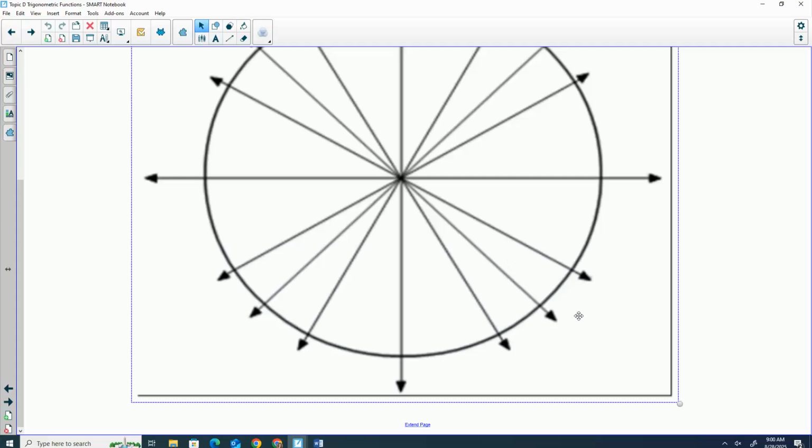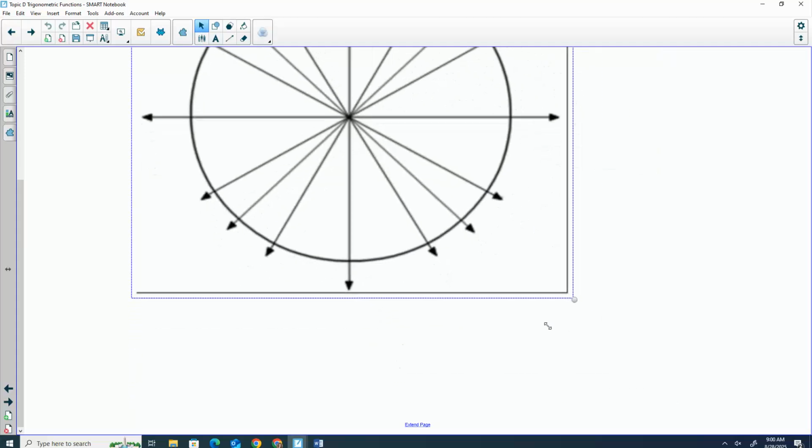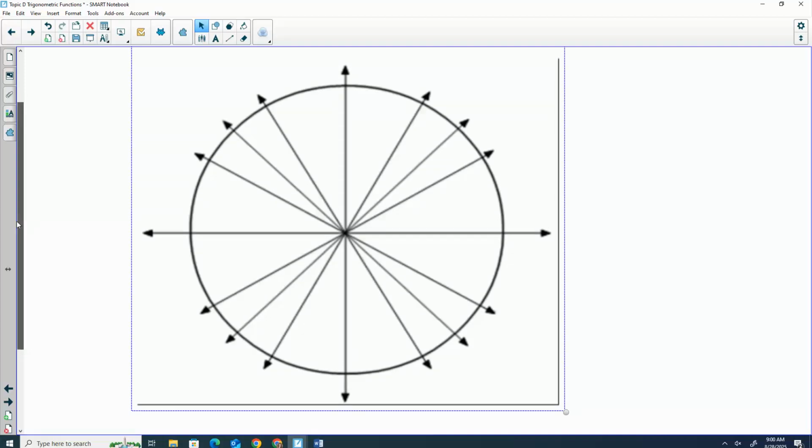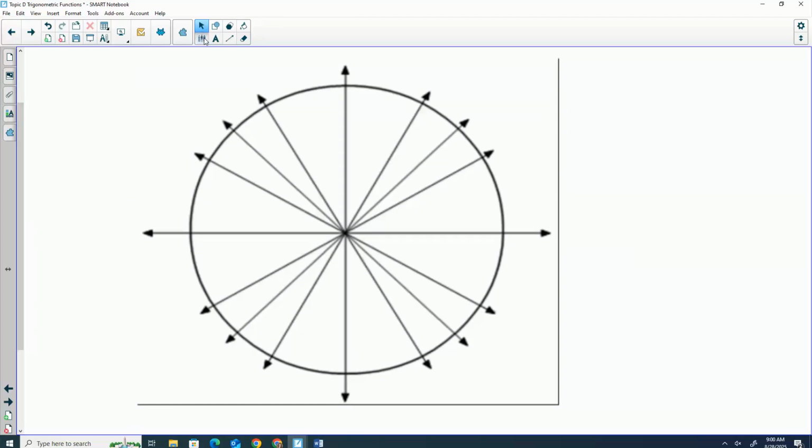All right, the unit circle we know is a circle. A circle has how many degrees in it if you go all the way around? 360. These are the common angles that we see in trig. So this would be 0 degrees, also known as 360 degrees if you go all the way around the circle.